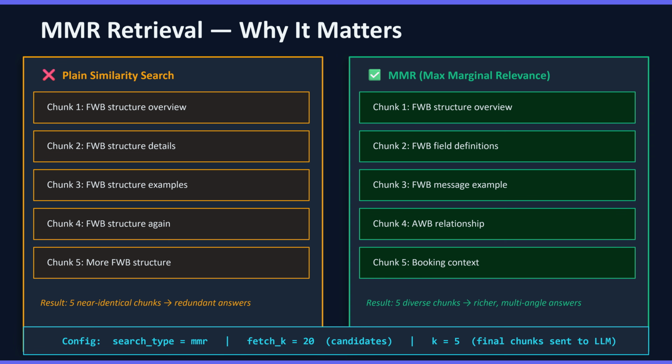The configuration for our setup is search type equals mmr, fetch_k equals 20, the candidates retrieved from ChromaDB, and k equals 5, the final chunks selected from MMR scoring and sent to the LLM.